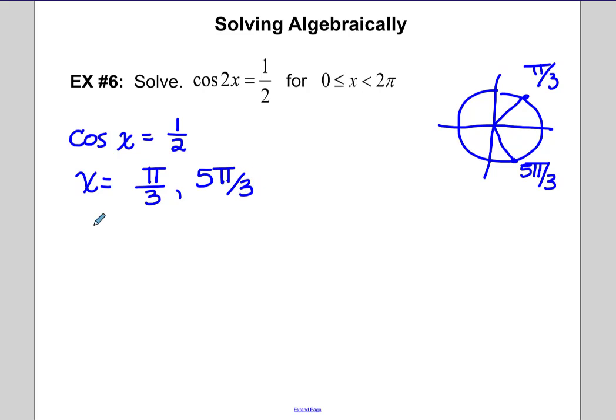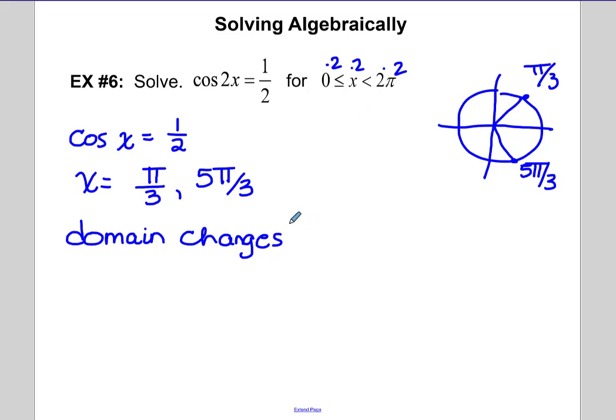So we know that for cosine of a single angle, we would have two answers, pi over 3 and 5 pi over 3. But what happens now with this double angle is that my domain changes. And how does that domain change? Because we've got the domain for 0 to 2 pi if it's a single angle. But when we have a double angle in here, you got to think about doubling that and doubling that to get that double angle, right?